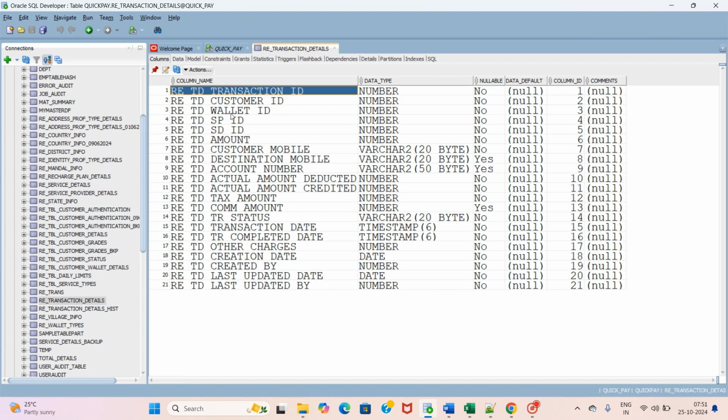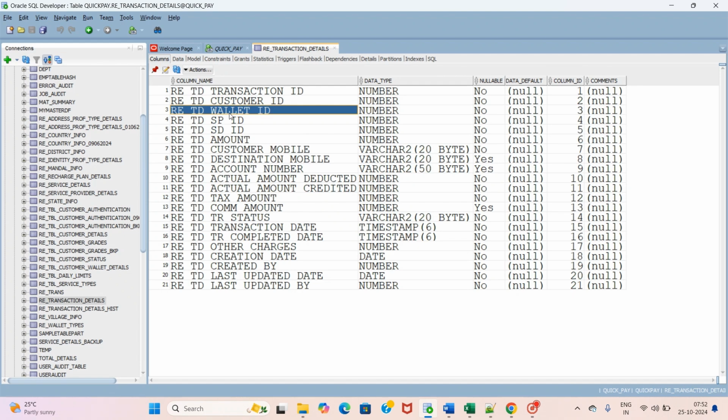Whenever you do a transaction, one unique number will be generated, that is the transaction ID. And the customer ID is who has done the transaction, that is the customer ID column. And the wallet ID, from which wallet the amount has been debited.